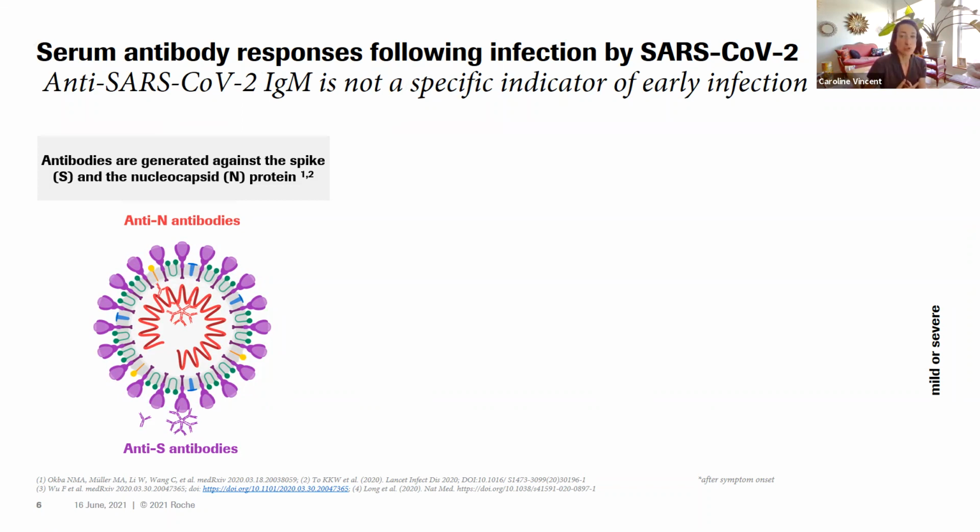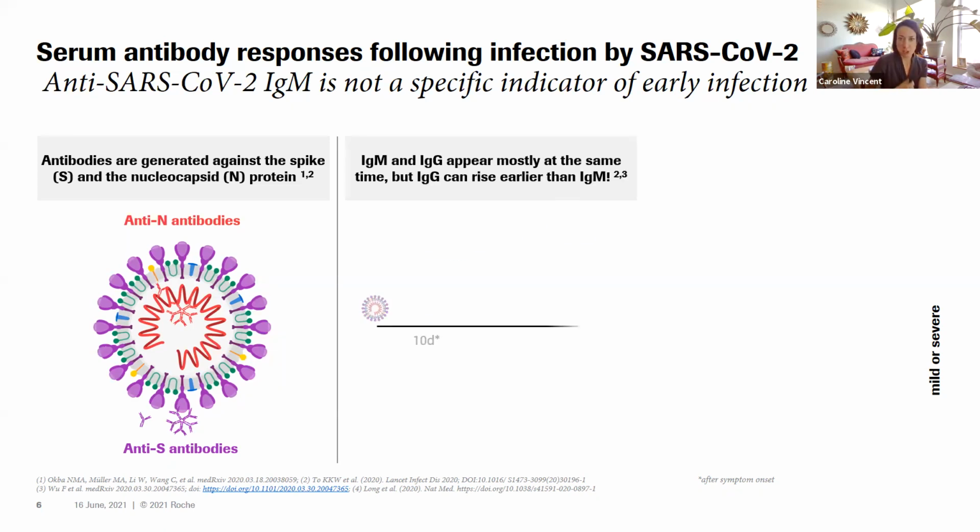We also have antibodies that will be generated which target the nucleocapsid antigen, which are shown in red in this figure of the virus. The nucleocapsid is present in several copies, and it's basically associated with the viral RNA, so it's found inside of the virus. These are the two main types of antibodies that are produced after exposure to the virus.